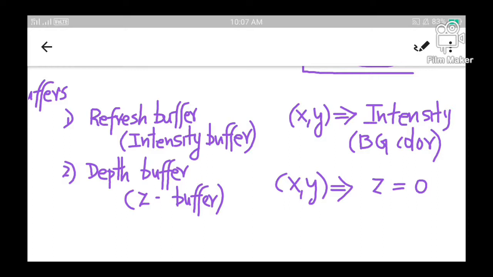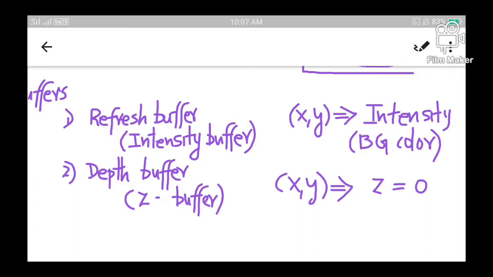Now comes the second buffer, which is depth buffer. It is also known as Z buffer. As I told you already, the screen is having number of pixels in it, and for every pixel we need to compute the depth value, that means the z value. Okay, so already we have two values x and y indicating the row number and column number. Now for each pixel we also need to compute the z value.